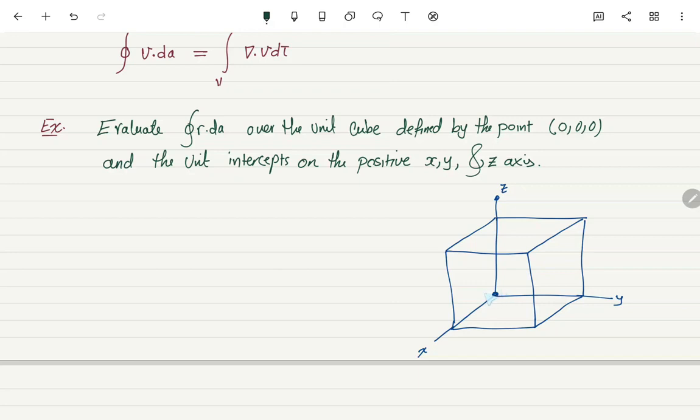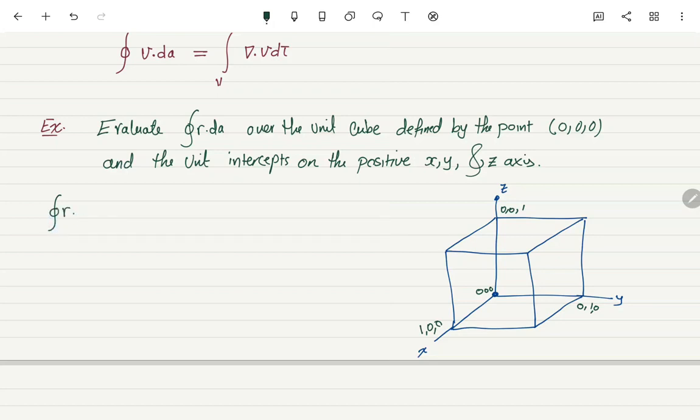The origin is 0, 0, 0, and the intercept with the x-axis is 1, 0, 0, on the y-axis 0, 1, 0, and on the z-axis 0, 0, 1. To find the integral, we have to find the integral over all the surfaces, and this cube has 6 surfaces. So let's start with them.